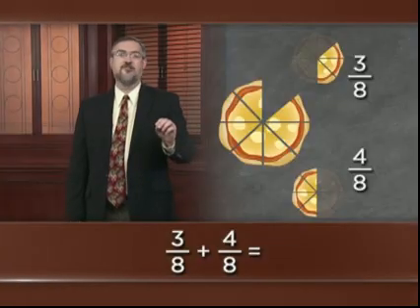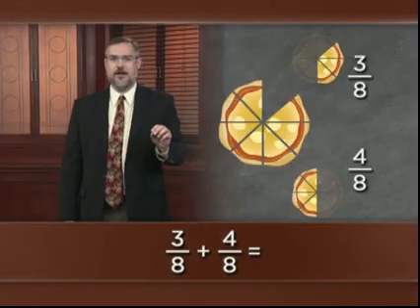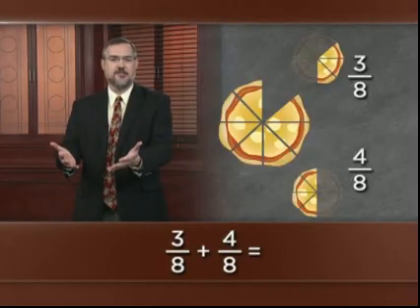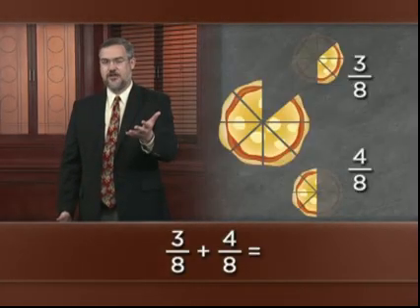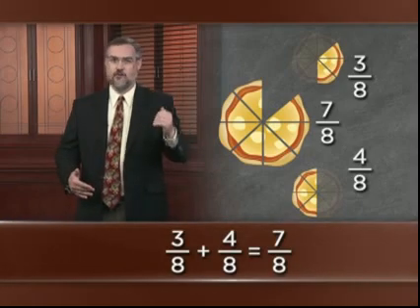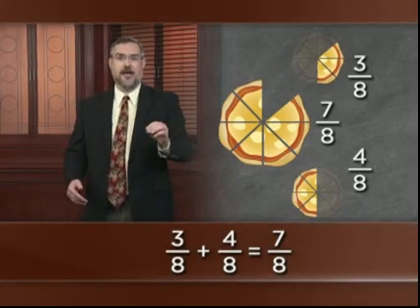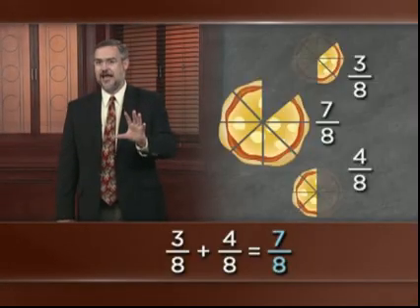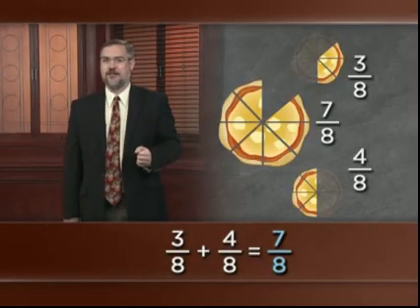So, what is 3/8 plus 4/8? Well, it's represented in that one box with those 7 slices, and it's exactly the fraction 7/8. And so 3/8 plus 4/8 really is 7/8. That's pretty cool, I think.